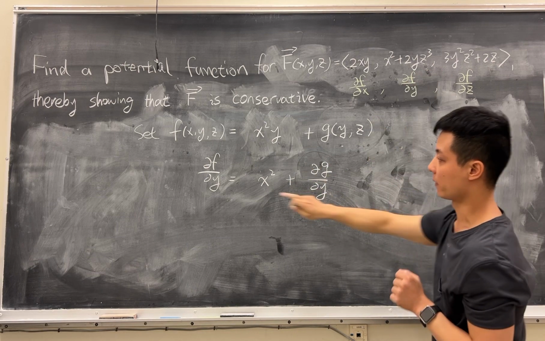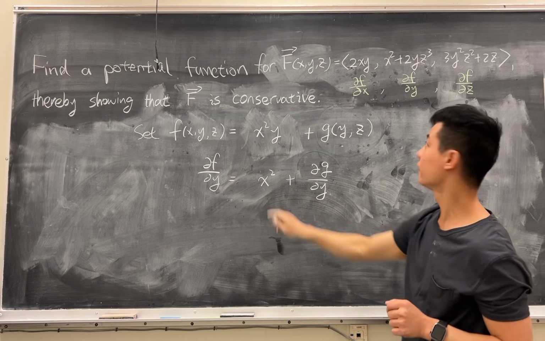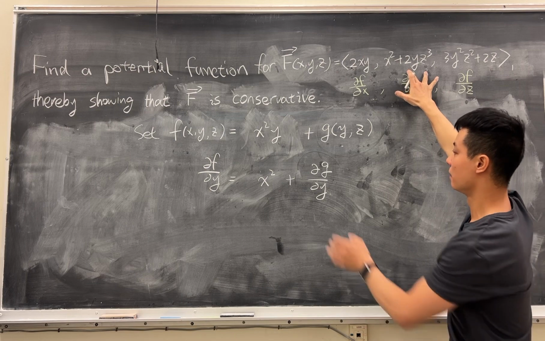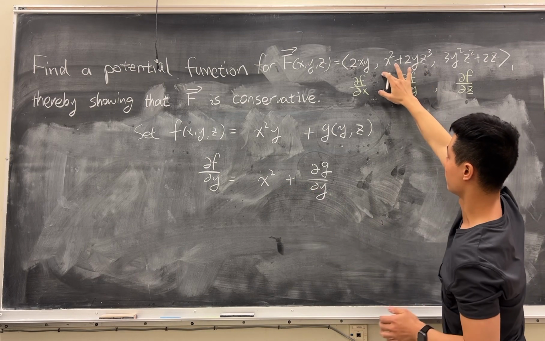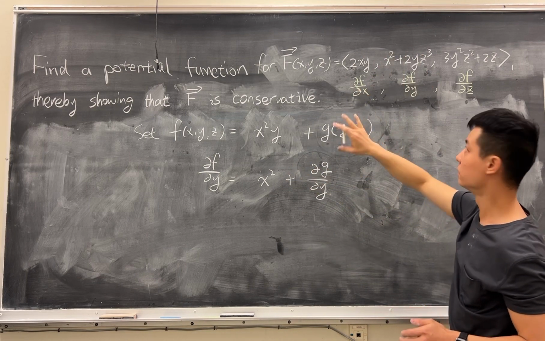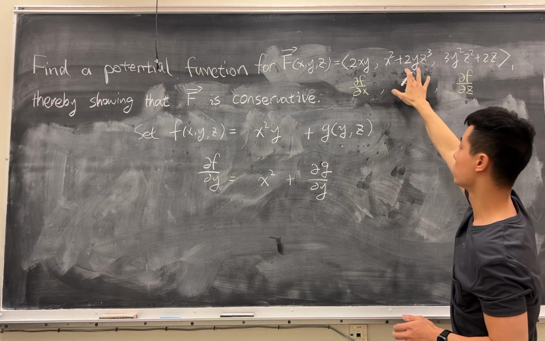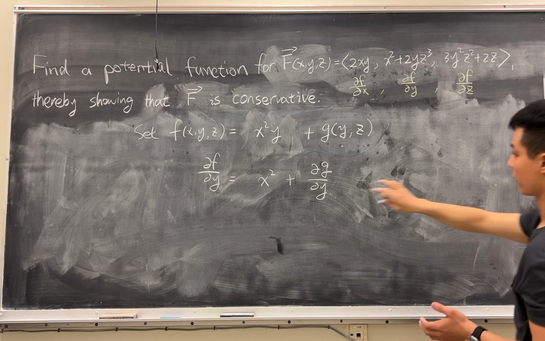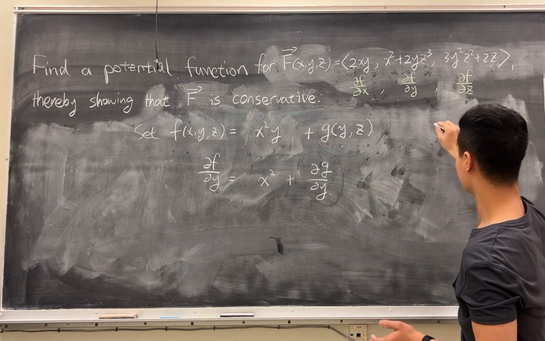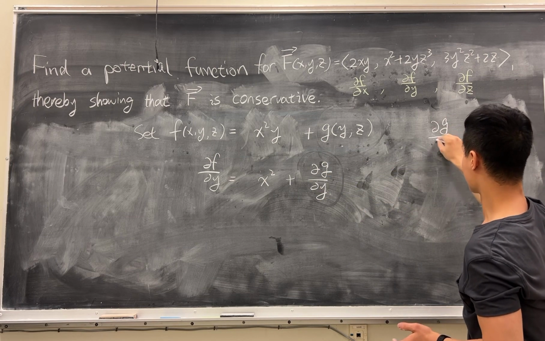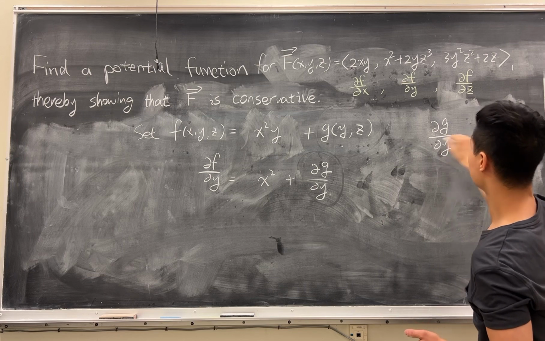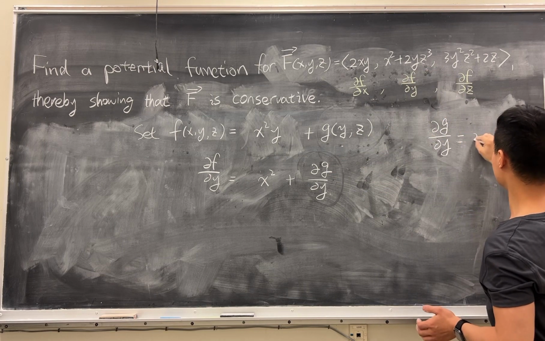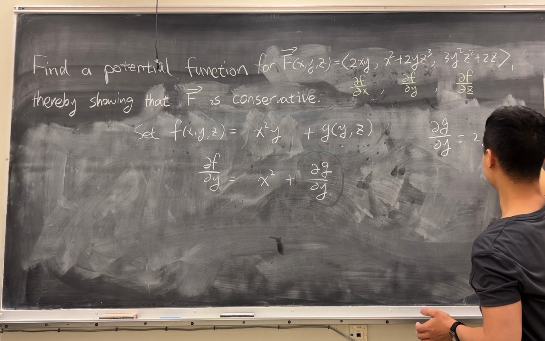It's going to be this minus this, which is x squared plus 2y z cubed minus x squared. So we can have x squared cancel, leaving us with only 2y z cubed. So we write it on the side: partial g, partial y is 2y z cubed.